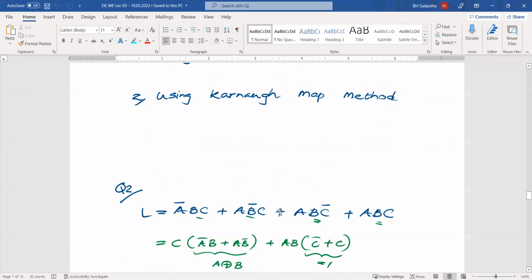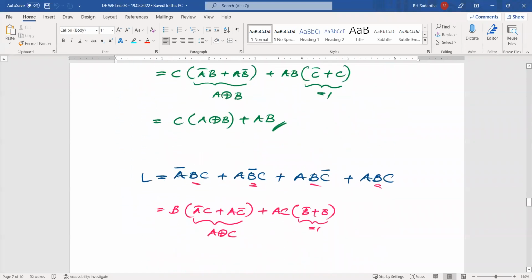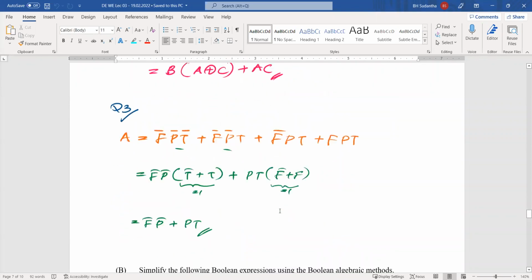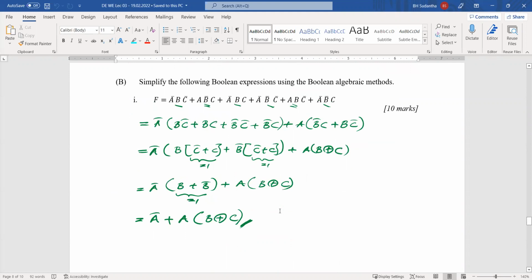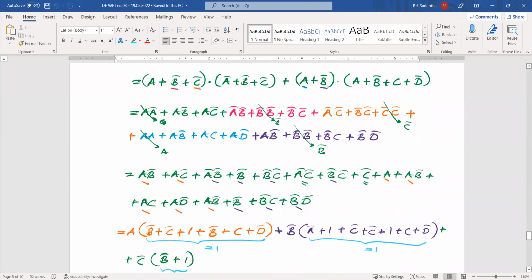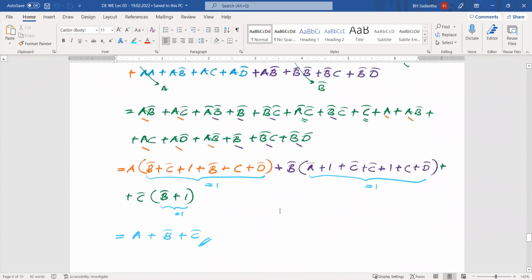If you are okay with these Boolean algebraic methods for minimization, then we can move on to the next section. Anything to be discussed? Anything you didn't understand?